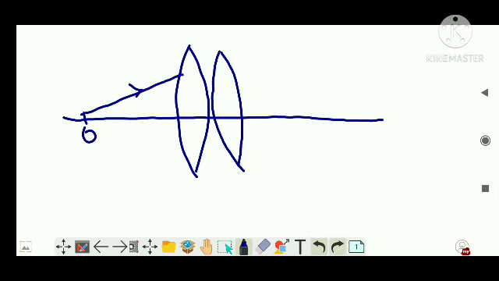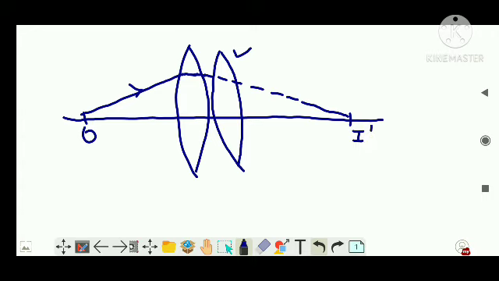If you want, I will change the drawing to make you understand in a simpler way. See, this one, let's say, bending like this, right? If the second lens was not there, this would have followed the path like this and reached here and made an image I dash, right?